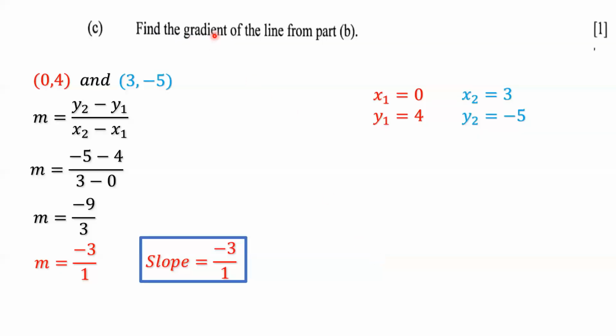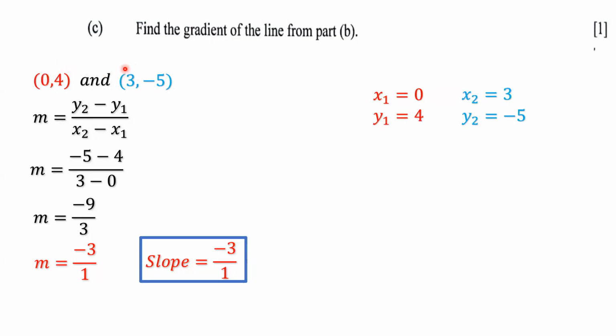It says, find the gradient of the line from part B. The gradient is the slope. Notice that we have (0, 4) and (3, -5) as the points on the graph. In order to find the slope, we have to use these two points.